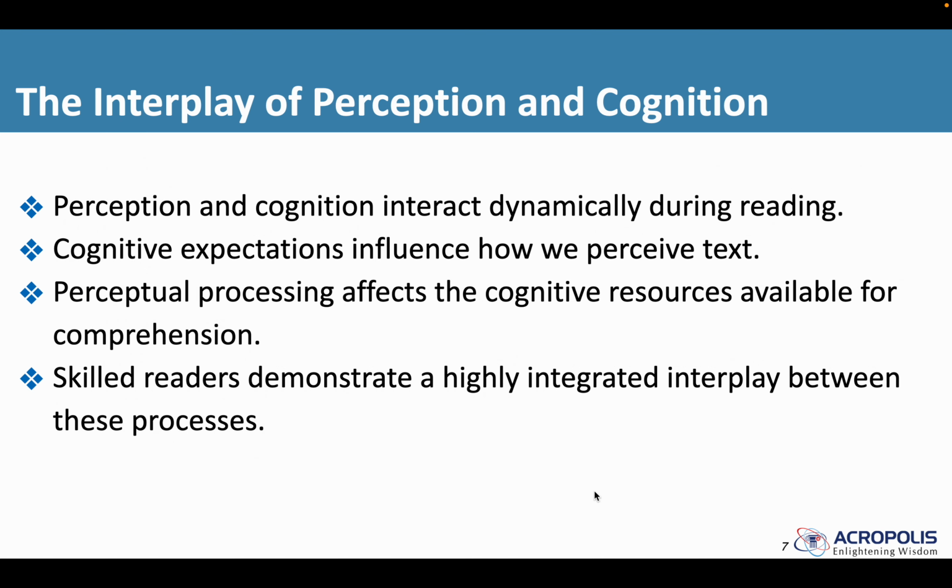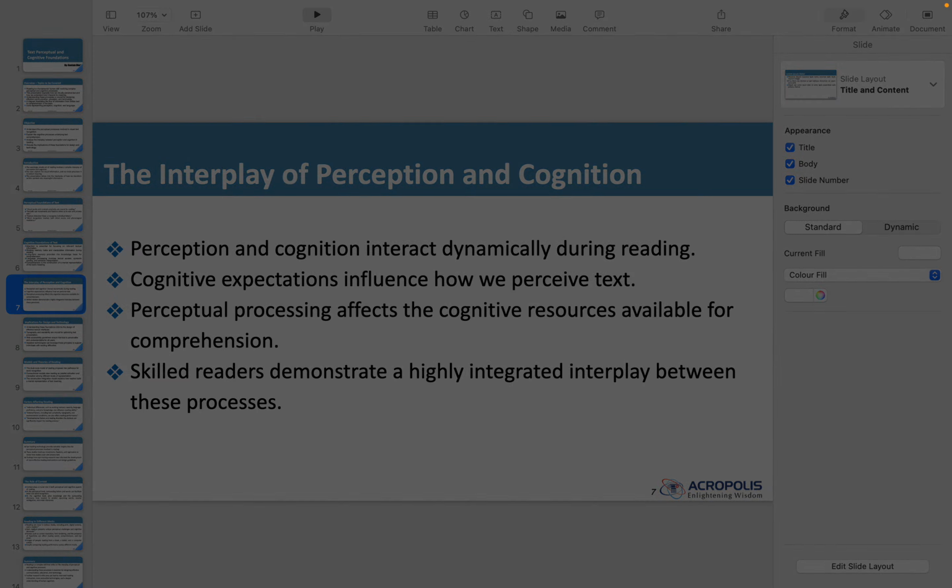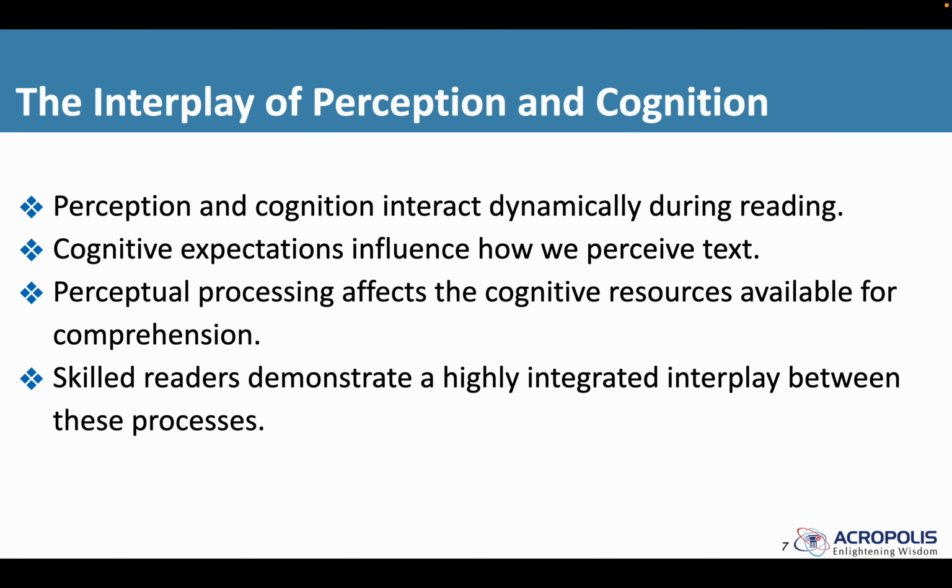Models of reading: bottom up and top down. There are two classic models of how we read. Bottom up processing starts with letters, then words, then meaning. For example, sounding out a new word letter by letter.